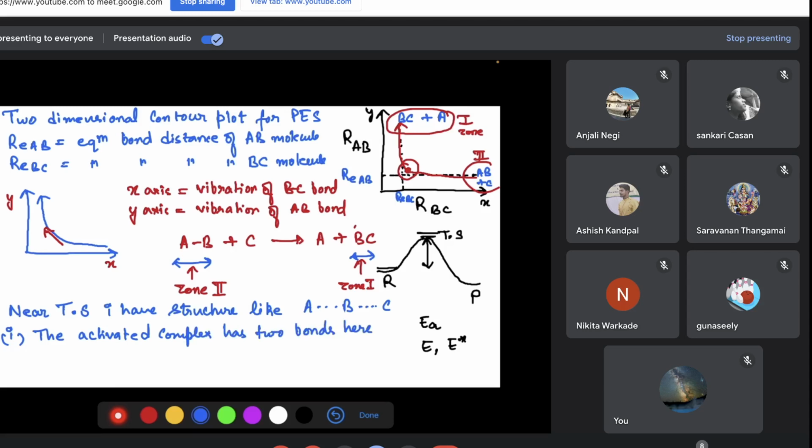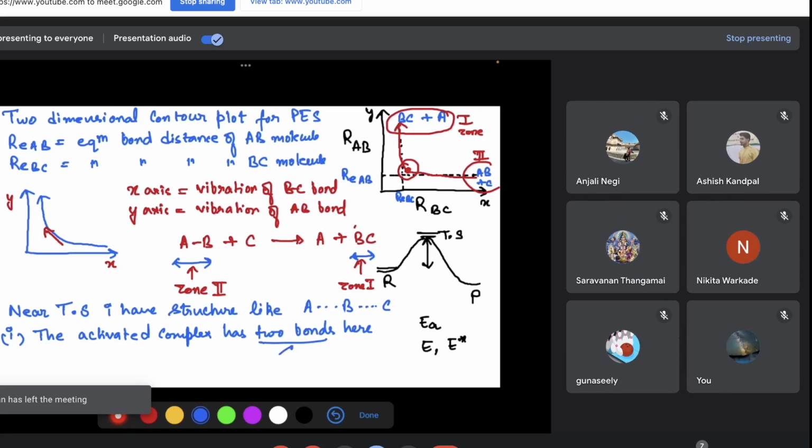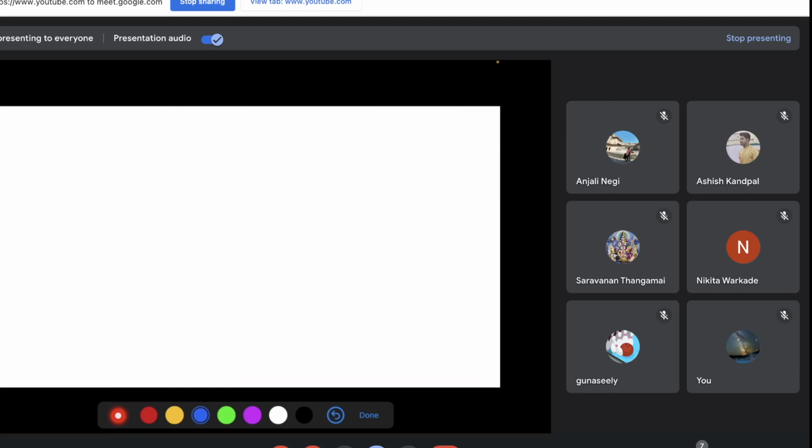So it gives us the possibility of 2 kinds of vibration. One is the symmetric stretch, the other one is the asymmetric stretch, correct?